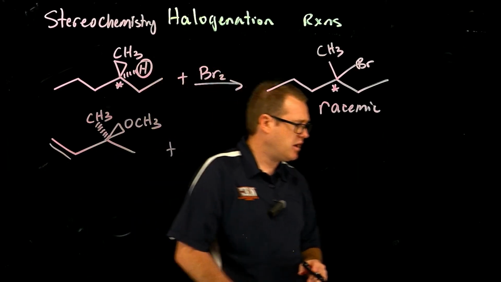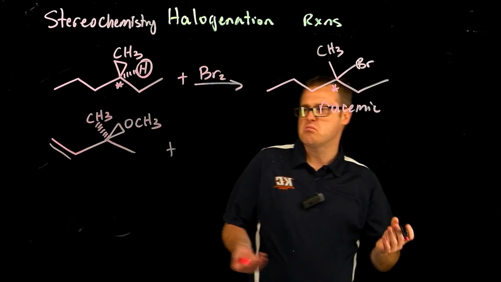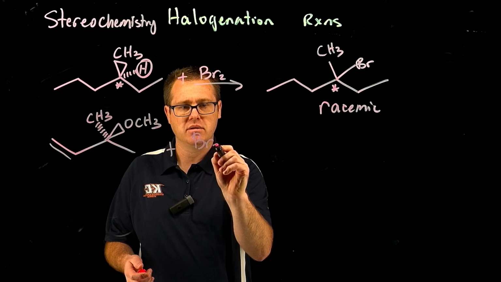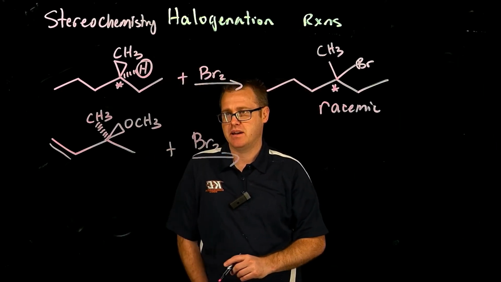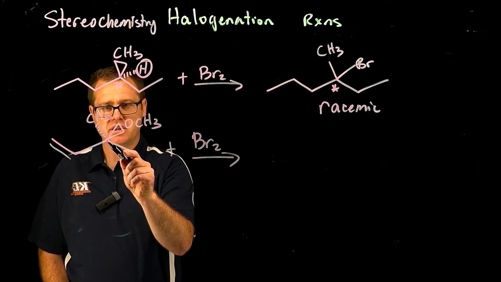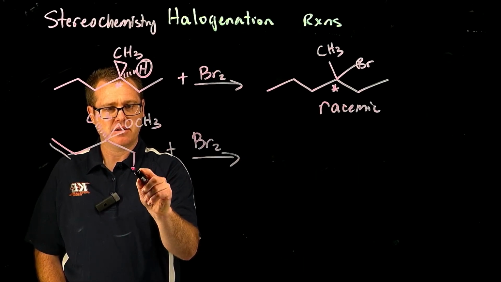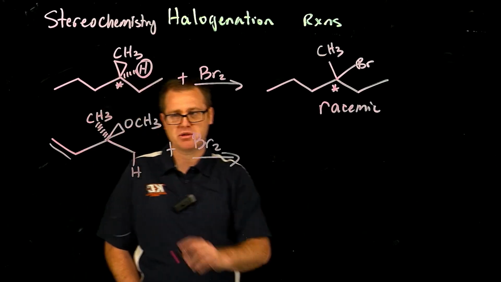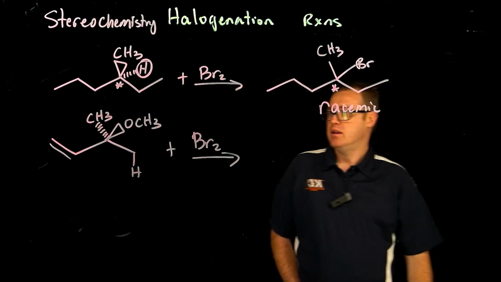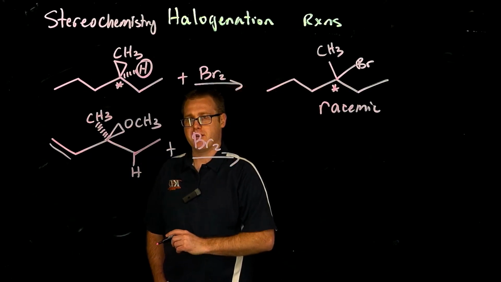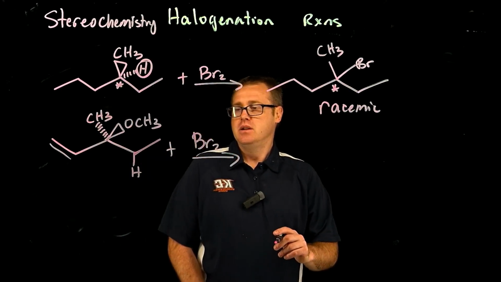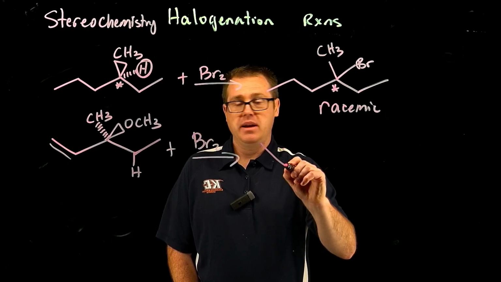And let's do bromination. What's going to happen here? Well, there are no hydrogens on that carbon, but there are some hydrogens there, so we'll abstract one hydrogen there. And I'm going to add another carbon because I need that carbon there. So what would the product be?